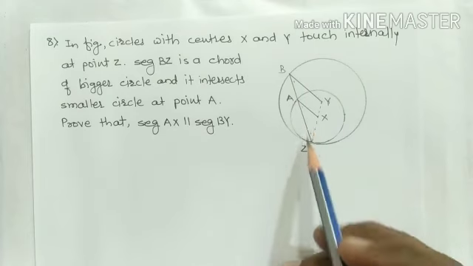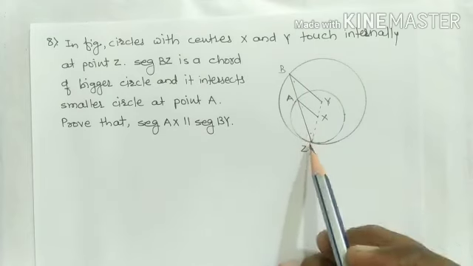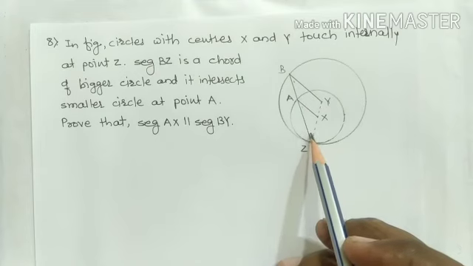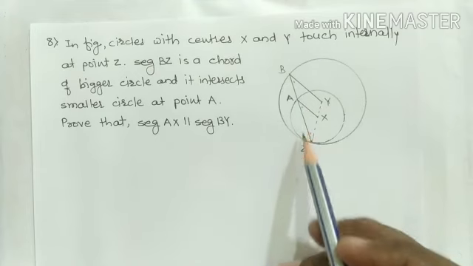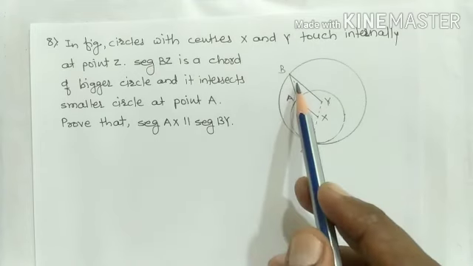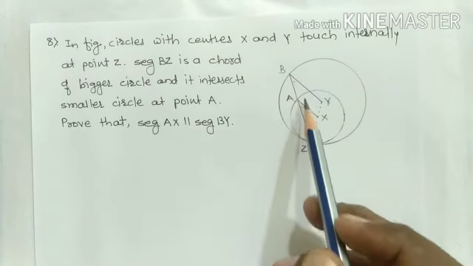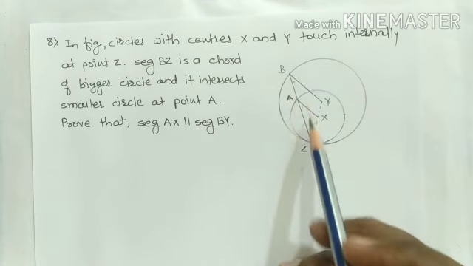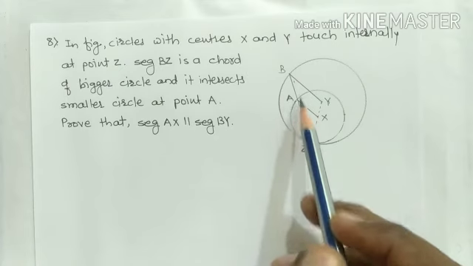Similarly, in triangle XAZ, XA equals XZ, radius of the same circle. Therefore, this angle is congruent to this by isosceles triangle theorem. From first and second, these angles are congruent.